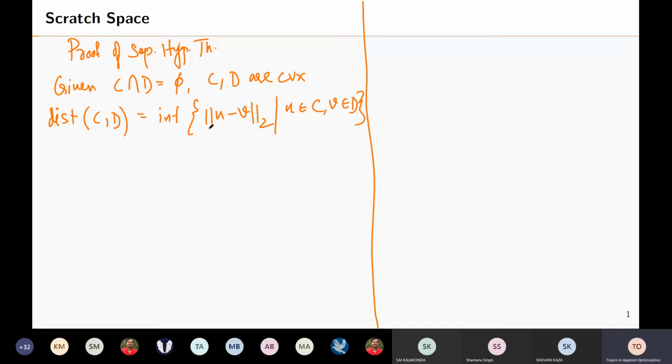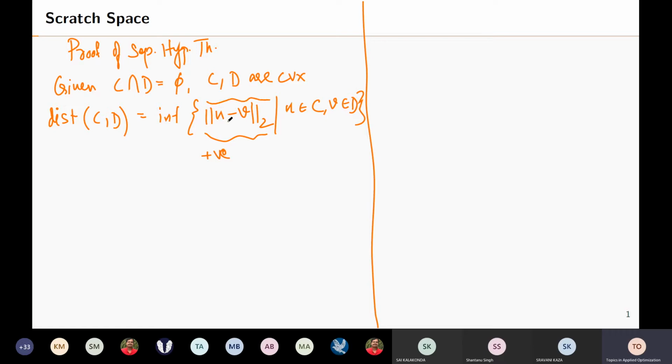As long as you can compute these norms, so there must be some kind of a vector space containing C and D. The distance function is positive, because this involves the infimum of the norms.